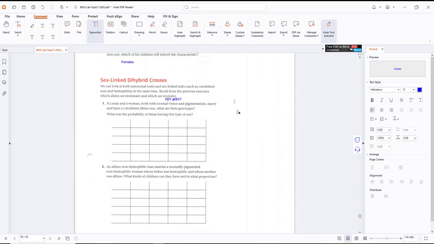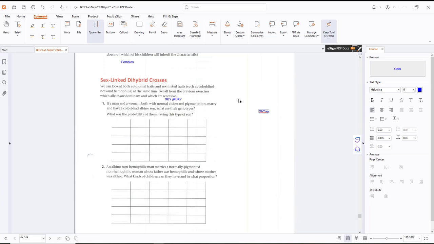So if the colorblind albino son is X little b Y, and he's albino, little a, little a. So we need to figure out if a man and a woman both with normal vision and pigmentation marry and have a colorblind albino son, what are their genotypes?